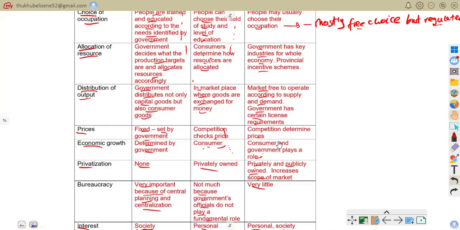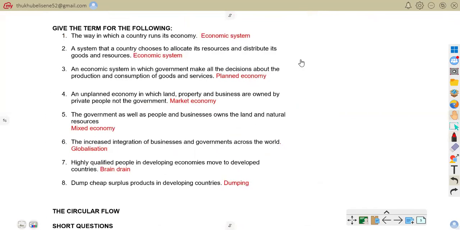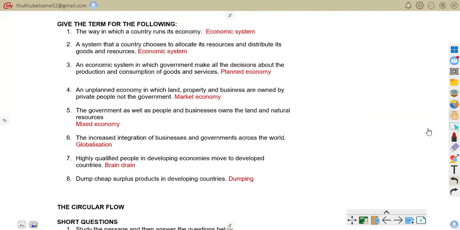So let us move on. Here we are on to another question, which says, give the term for the following. We are first going to start with the way in which a country runs its economy. The answers are there already.